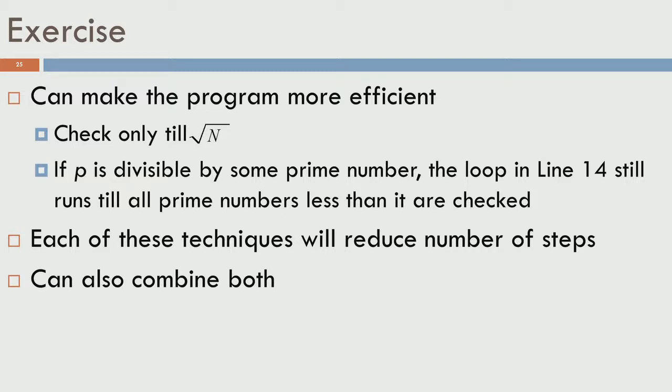The other thing is, if p is divisible by some prime number, the loop will still check and keep running. So, for example, if you have 9, you would have checked it against 2. When you check against 3, you already know that 9 is not prime. You still go ahead and check it with 5 and 7. What is the point? We already know that with 3, 9 is not a prime anymore because 3 is a factor of 9.